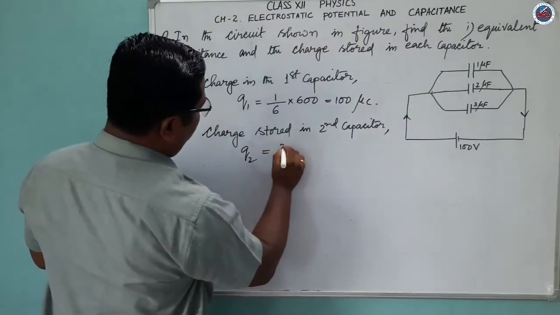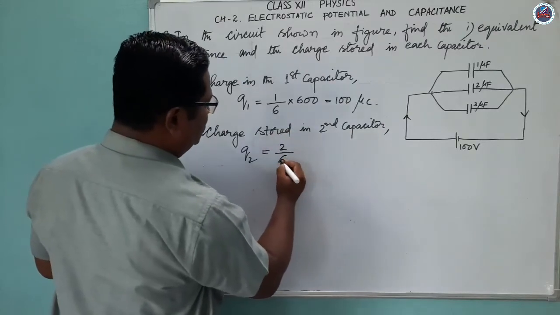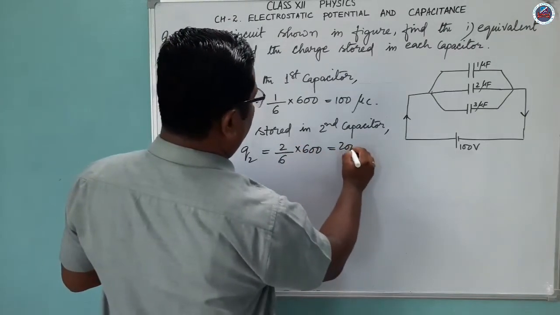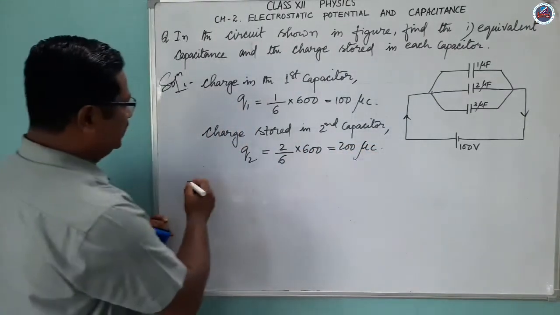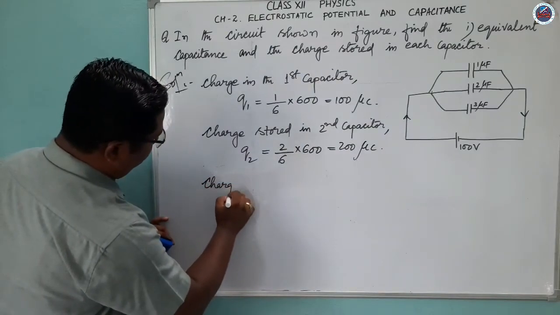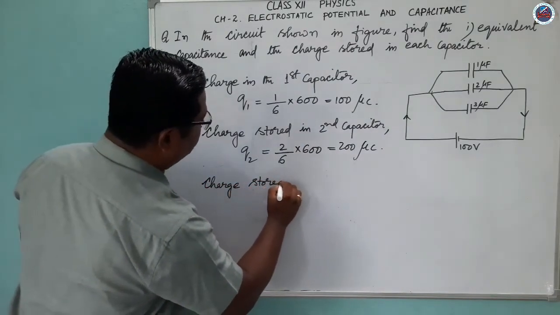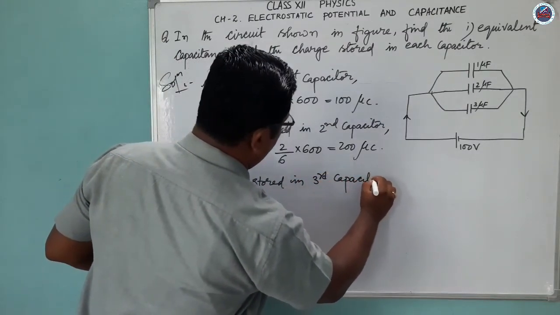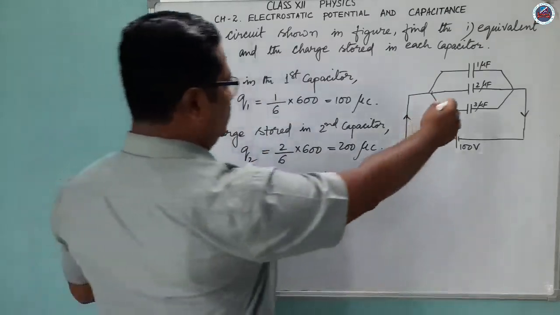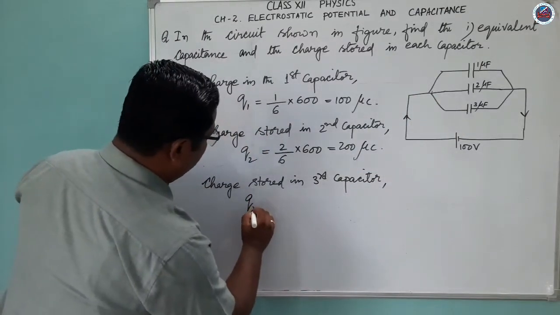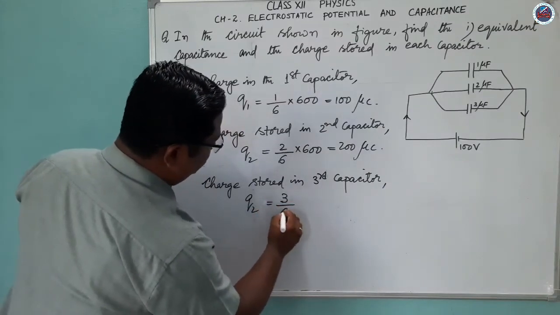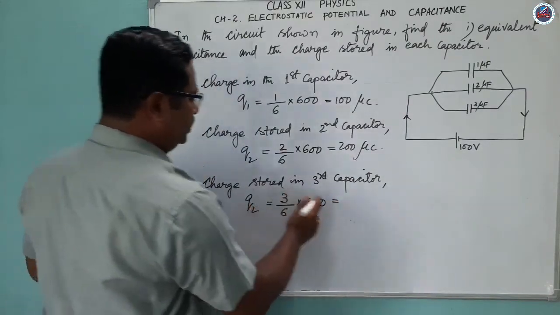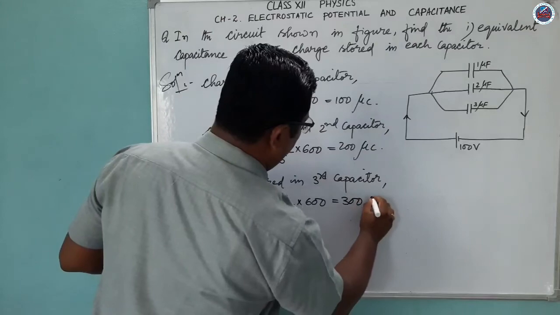So Q2 is equal to 2 divided by total capacitance, that is 6, into 600, it will give you 200 microcoulomb. And then charge stored in the third capacitor, its capacitance is 3 microfarad. So write Q3 is equal to 3 divided by total capacitance, we have 6 into 600. You cancel, 100 into 3 will become 300 microcoulomb.